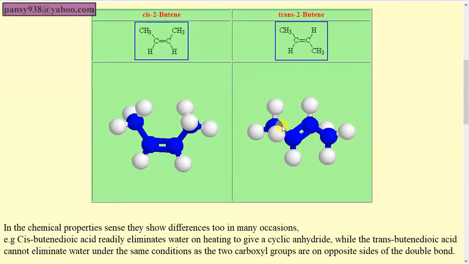In both cases the connectivity and sequence of the atoms is the same, but the angles at which they are attached are different. This results in a difference in electrostatic attraction.